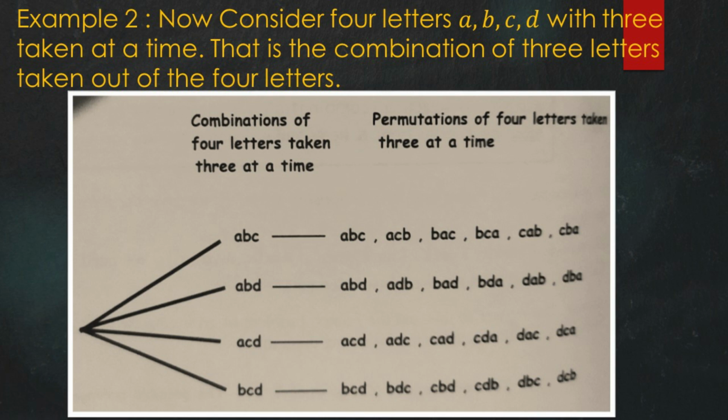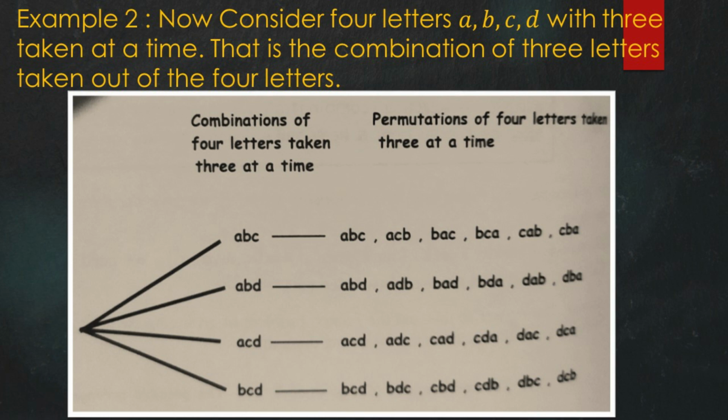Basically this is the selecting of 3 elements. But if you are arranging these 3 letters in different ways, each one will have 6 arrangements. So likewise, 6 plus 6 plus 6 plus 6, which is 6 into 4, 24. So the total permutation is 24.